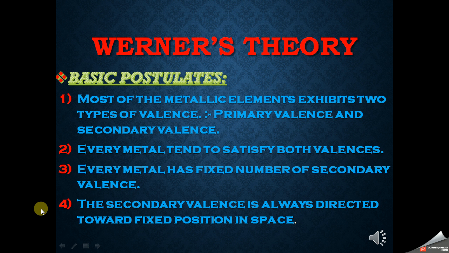Second, every metal ion tends to satisfy both valences. Third, every metal has a fixed number of secondary valences. Fourth, the secondary valence is always directed towards fixed positions in space.